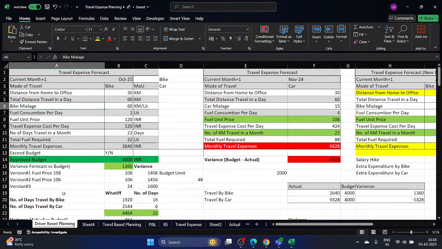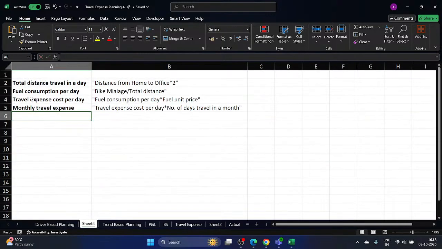For the monthly travel expense, we can use the number of days travel in a month and the cost per day.